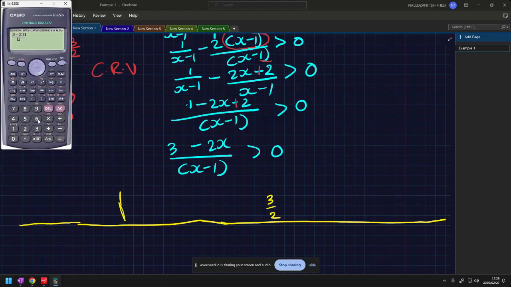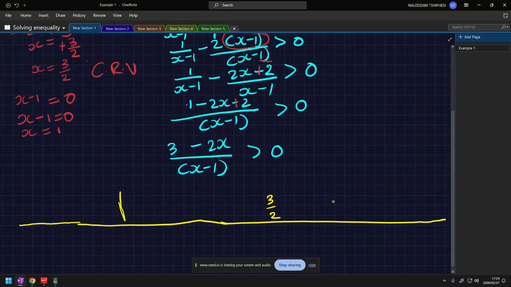Okay, let's place 2 over 2 minus 1, is equal to negative, right? That means that this side we're getting negative, and also this side we're getting negative, right?